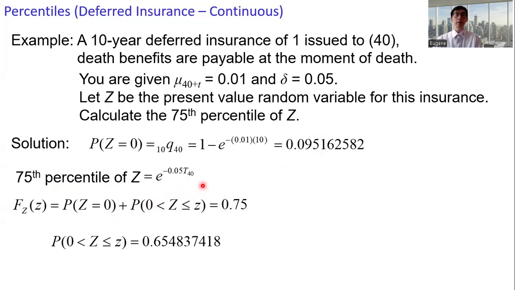That is, the probability that Z is between 0 and z is 0.75 minus this value, and upon calculation, we get 0.6548.